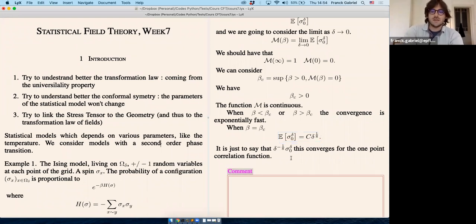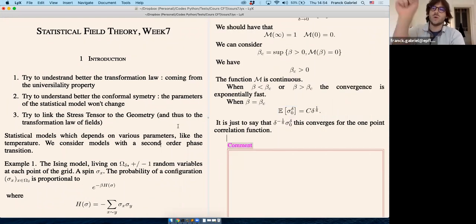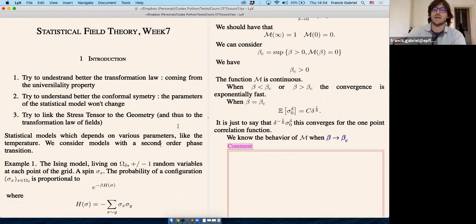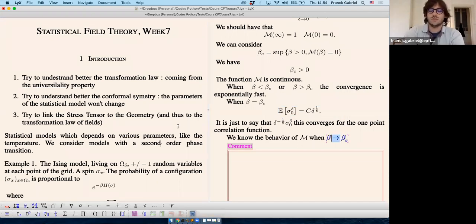So as Samuel said also, I'm not going to dive too much into that, but we know the behavior of the magnetization when beta is going to beta critical, and when beta is bigger.